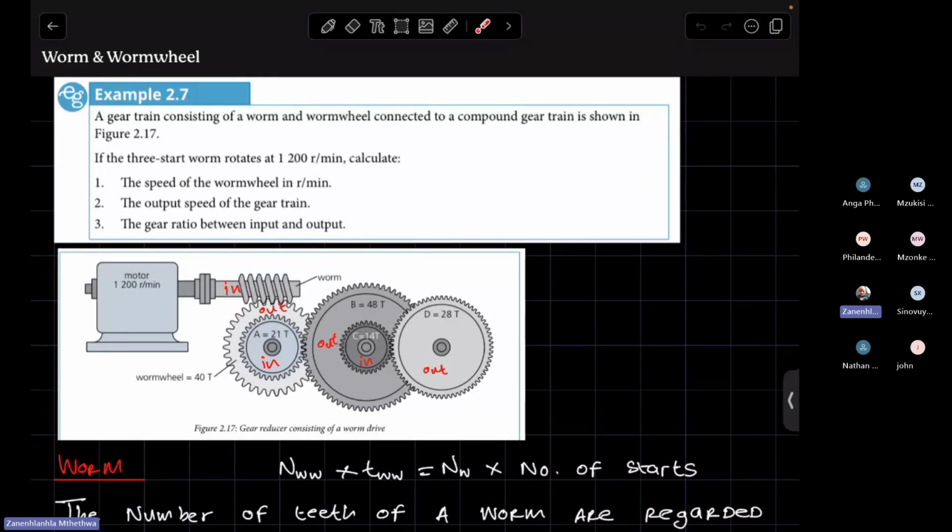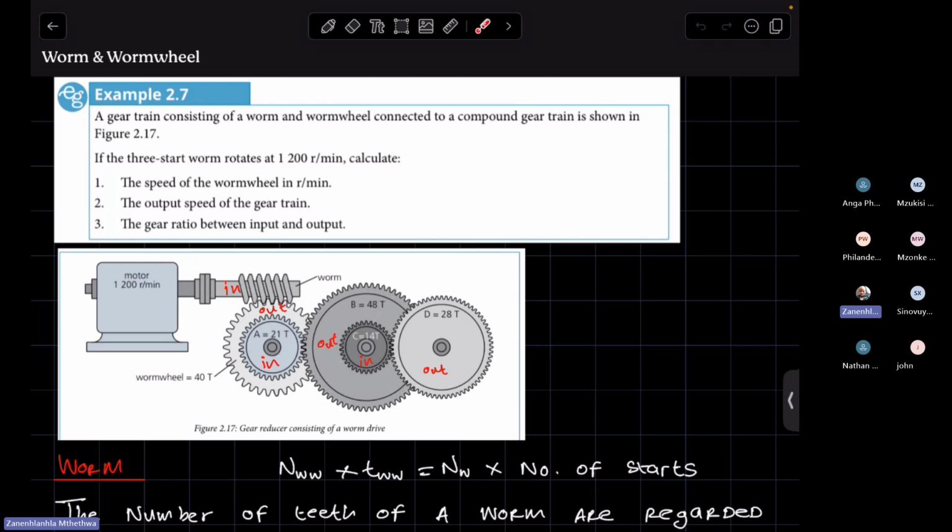And then if a need arises for you to increase the gear ratio or velocity ratio or mechanical advantage of that compound gear system, then we make use of worm and worm wheels for exactly that. So to increase the mechanical advantage. When I say mechanical advantage, gear ratio or velocity ratio, that is essentially one and the same thing.